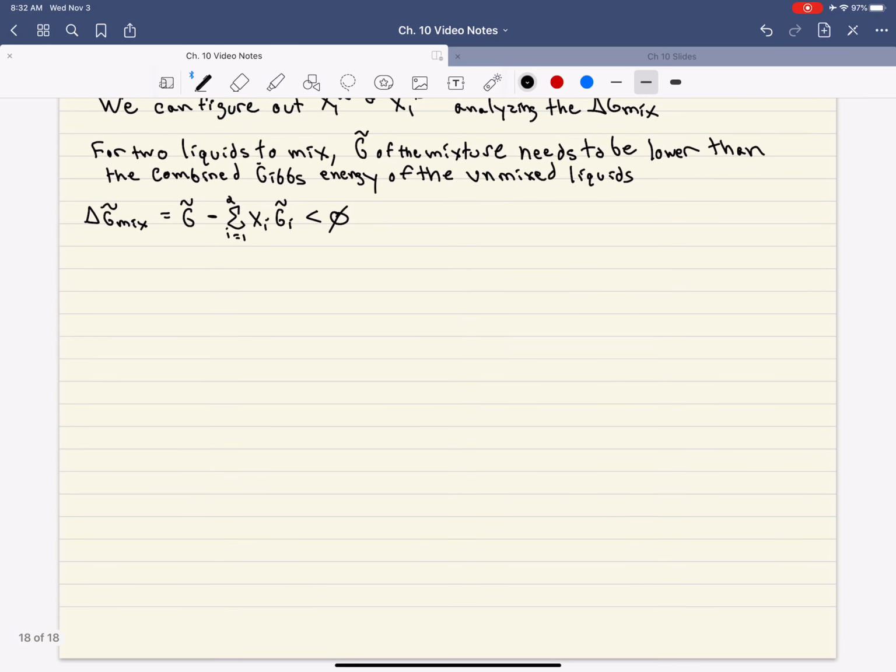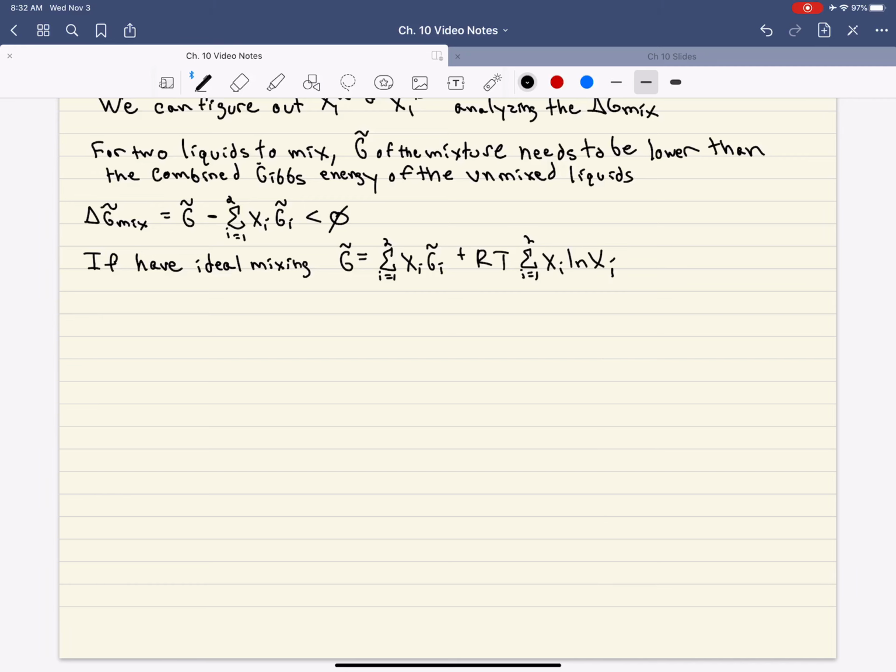Okay? And so now let's think of a couple of different scenarios. Let's say our mixture formed an ideal mixture, or underwent ideal mixing. Okay? Then our molar Gibbs energy would just be equal to the sum of Xi Gi, the pure species, plus the entropy of mixing term, RT times the sum of Xi ln Xi.